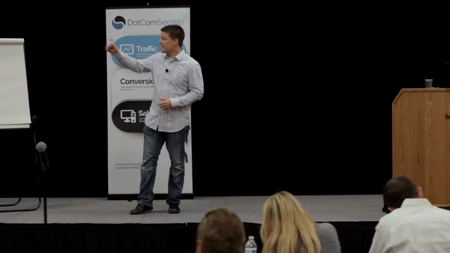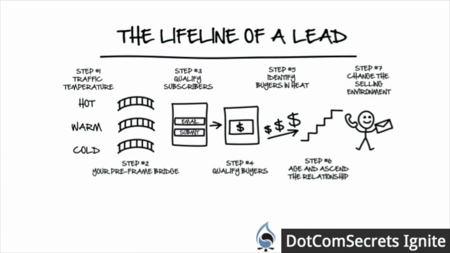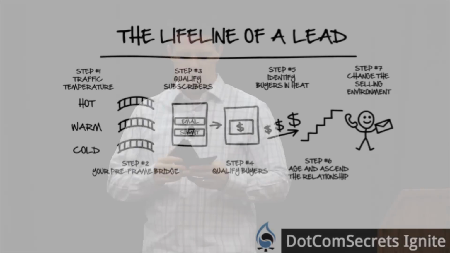Now my next goal, and this one's even more important. In fact, recently we've a lot of times even skipped the subscriber step because of this. My next goal is to find out, of all the people coming to my site, who is not just a looky-loo, but who is willing to pull out their credit card and buy something. The person that'll do that is the best person in the world.